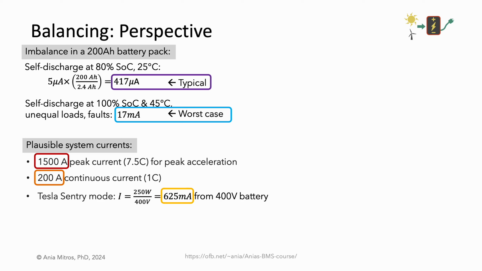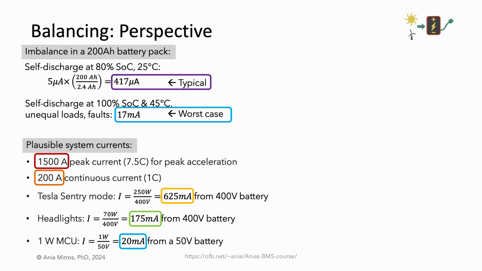Tesla Sentry mode uses the power-hungry autopilot computer, drawing perhaps 600 milliamps from the battery. Car headlights might pull 175 milliamps at the battery. A 1-watt MCU monitoring a home energy storage system might pull 20 milliamps from the 50-volt battery.